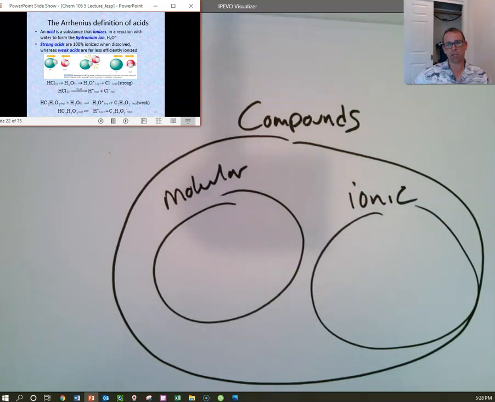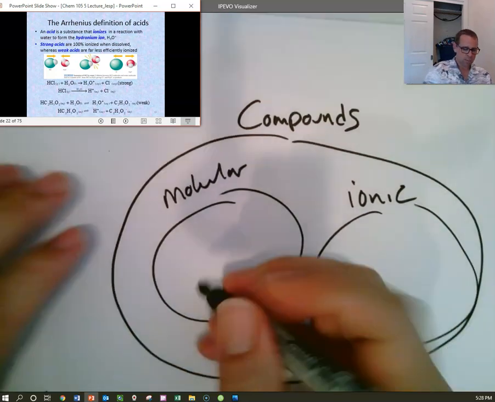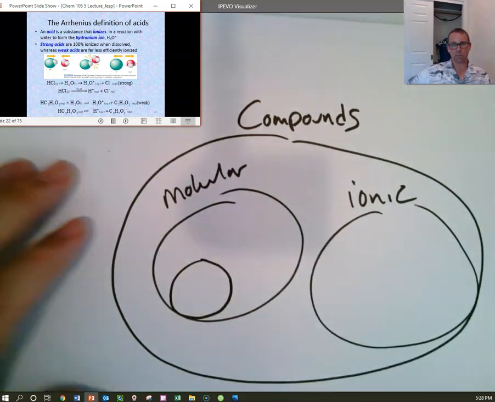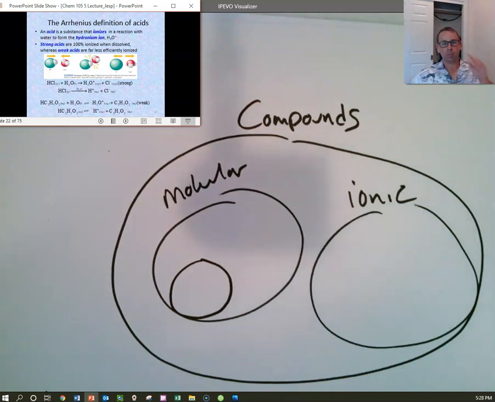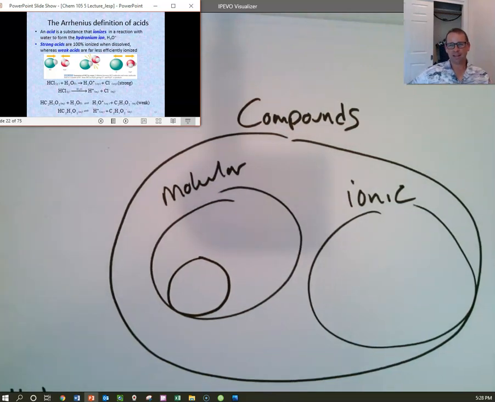Now I'm going to teach about a new kind of compound. It's within the molecular compounds, so they're made of nonmetals, but they behave like ionic compounds do when they're placed in water. That means that when you put them into water, they dissociate, they separate.